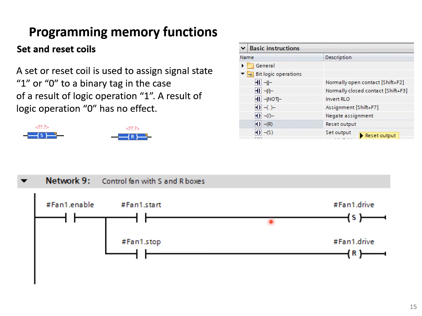Although the logic here will turn to false, fan 1 is already set and is true and is working. Now if you press the stop, even momentarily, you will reset it. And if you release the stop, you already reset it, so it doesn't work and it turns off.